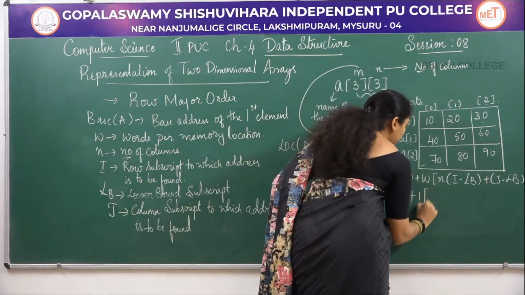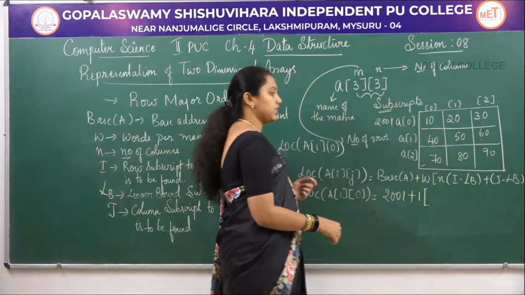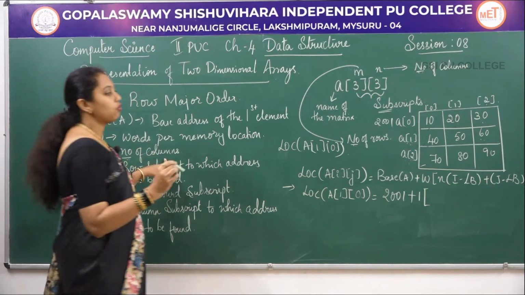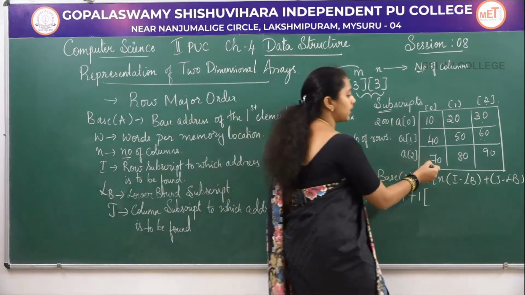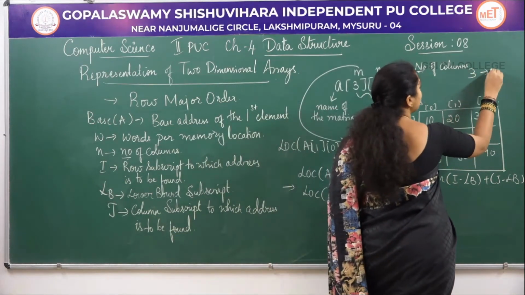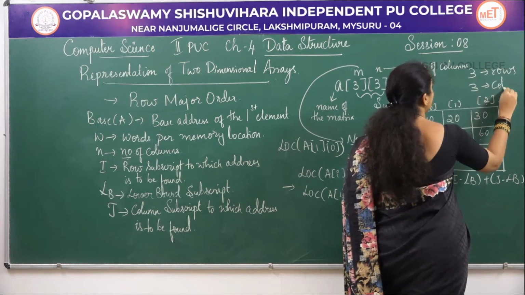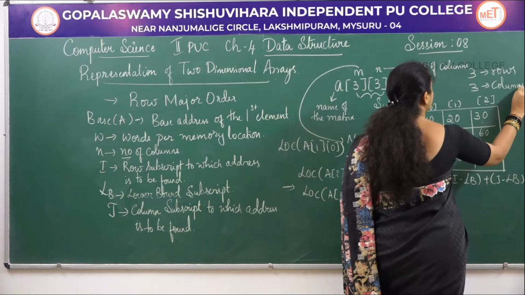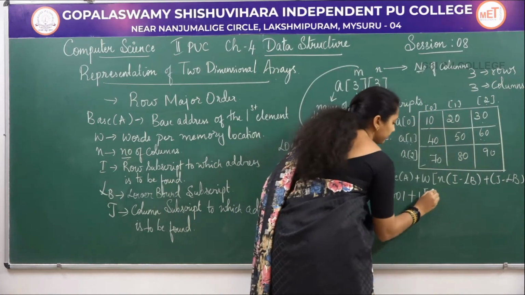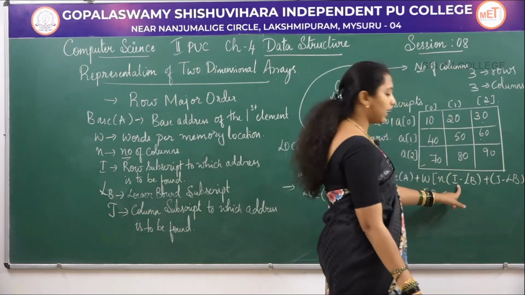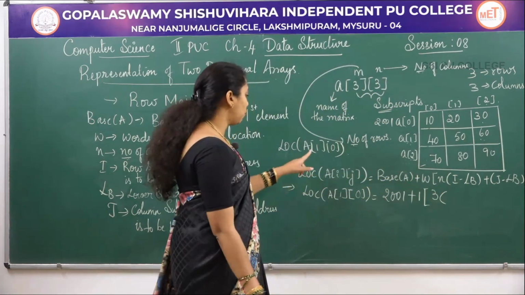What is the value of N? The N represents the number of columns. So how many columns are there in this matrix? We have 3 rows and 3 columns, right? Hence, the value of N is 3. What is the value of I? The value of I is 1.